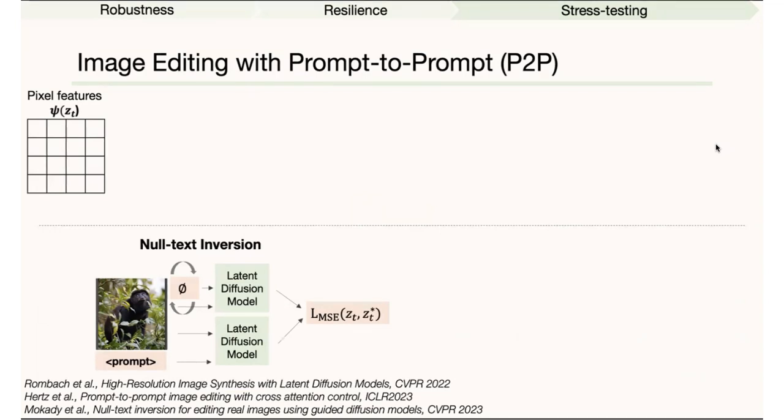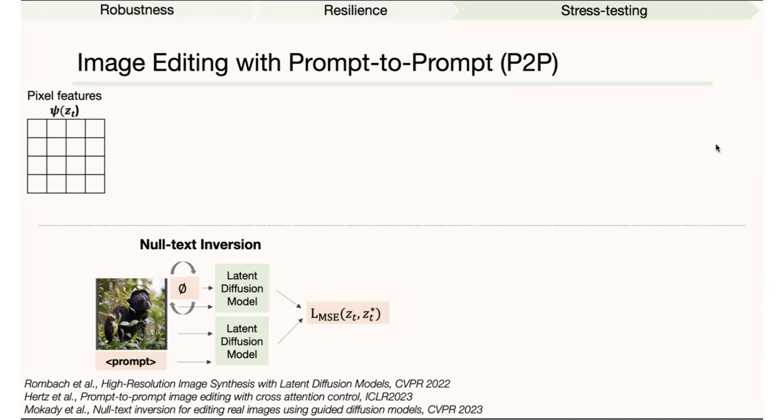The way this paper called null text inversion does it is you do an initial DDIM inversion, and you use that initial trajectory as a pivot, and then you minimize the mean square error between that initial trajectory, and you optimize only the null text token embedding. It's not really important to understand all of that, but it's just a way to map this image to a good latent space representation from which you can accurately reconstruct the original image.